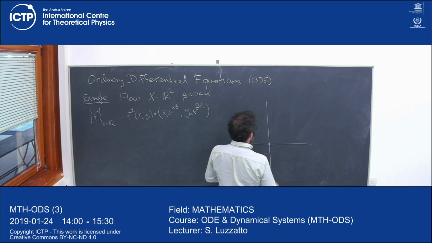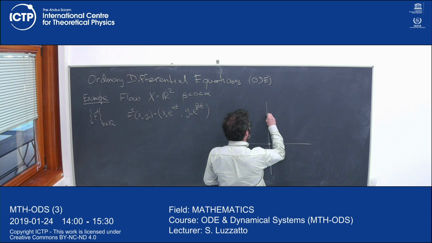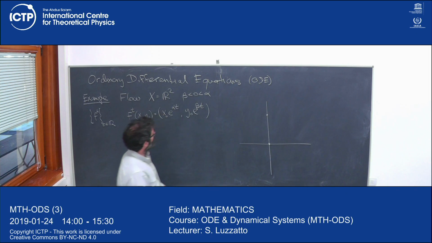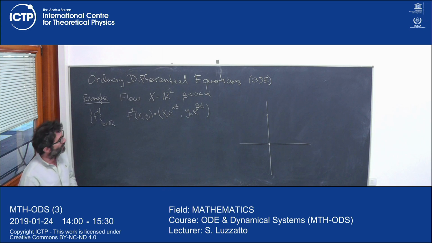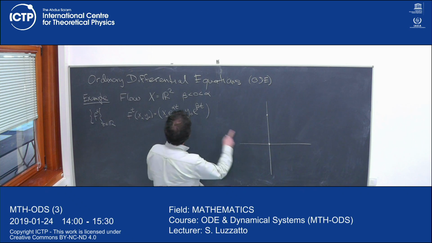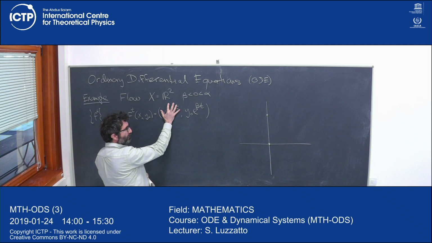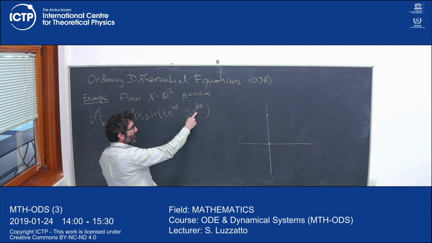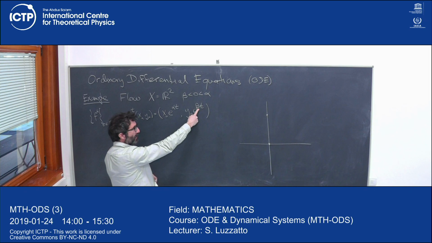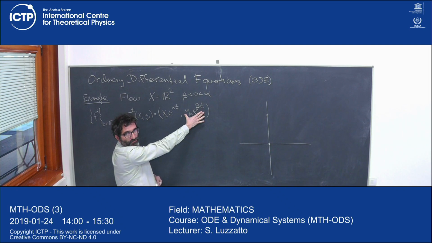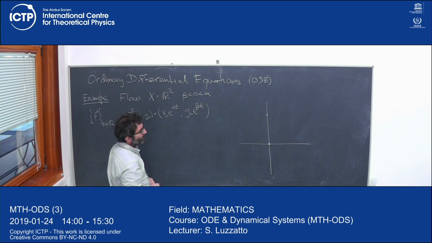Okay. What happens if you take a point here? It accumulates to the x-axis. That's right. So if x0 is equal to 0, right, then this is always 0. And y0 e to the beta t, beta is negative, so this is going to 0, this part. Okay?